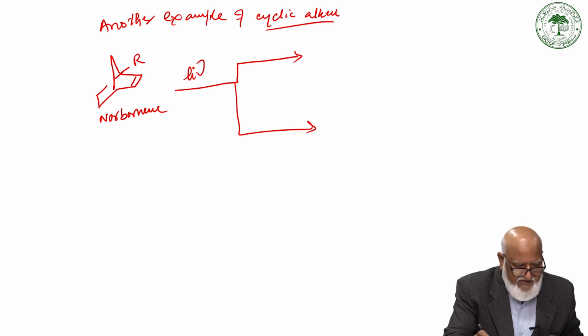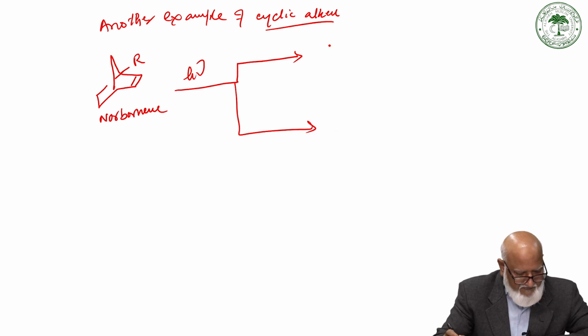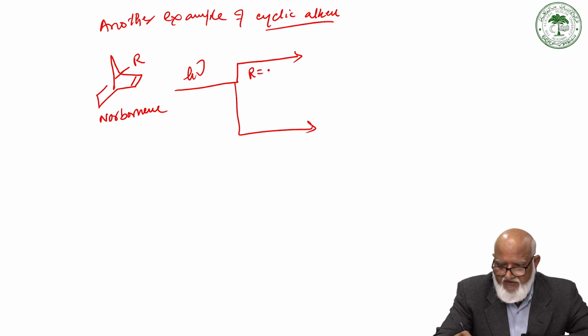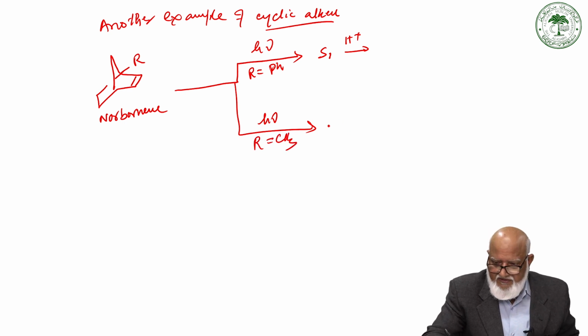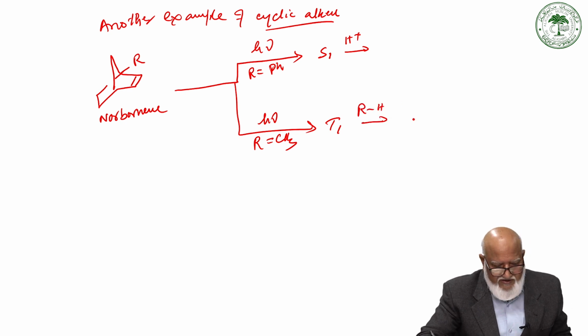So under photolytic condition, when R is equal to a phenyl group, the reaction goes via the S1 state and gives the ionic species. When R is equal to an alkyl group such as methyl, the reaction goes by a triplet state and then a diradical species.